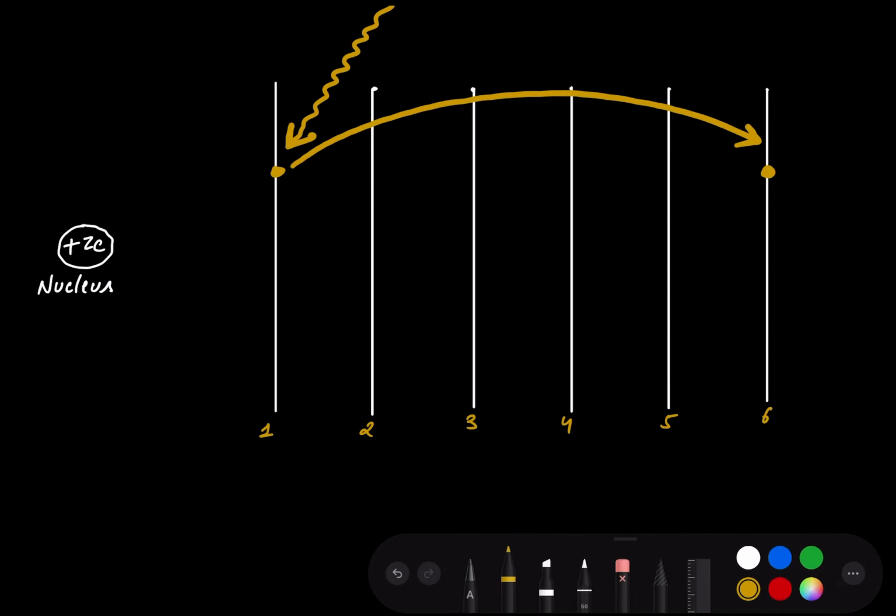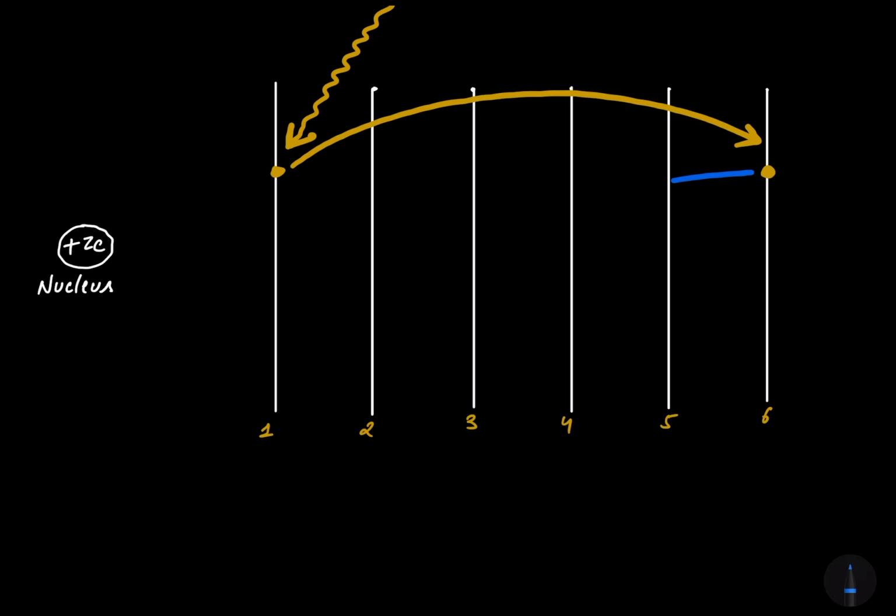Now when the electron jumps from 6th to the 5th orbit, it will emit one photon. So I got the one spectral line.